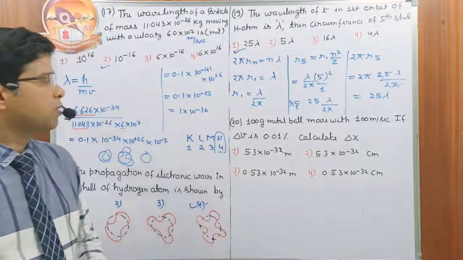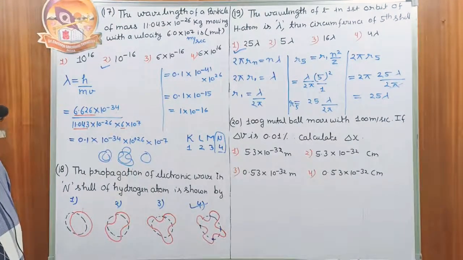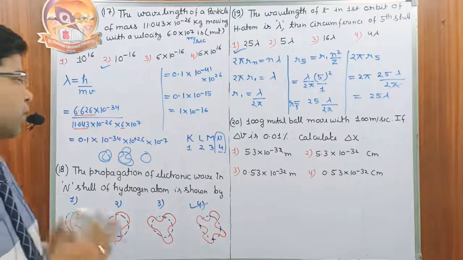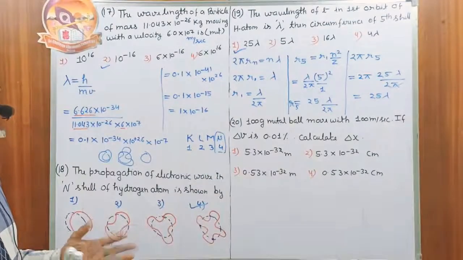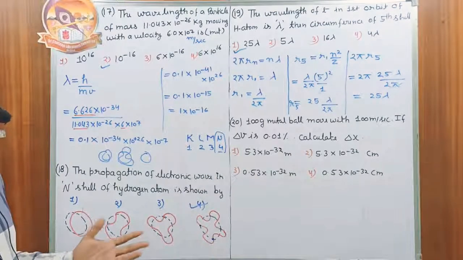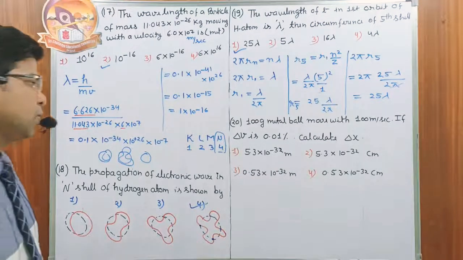Now the next question: a 100 gram metal ball moves with 100 meter per second velocity. If the uncertainty in the velocity is 0.01%, calculate delta x, the uncertainty associated with the position. So what we have?